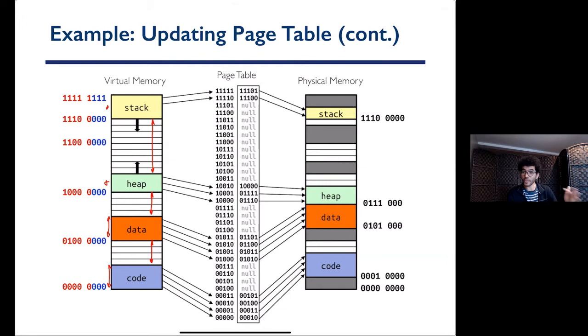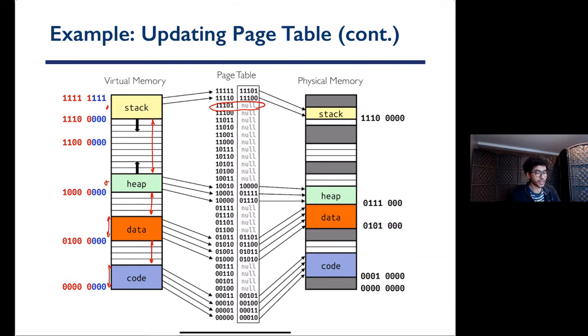However, you have gazillion number of virtual pages, right? So a lot of them are not being used. Only few of them are being used. With page table, however, you have to have a single entry per virtual page, even if you're not using them. So you're storing a page table entry for every single virtual page in your address space, even if you're not using it.